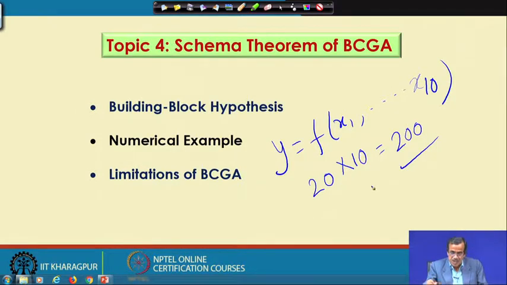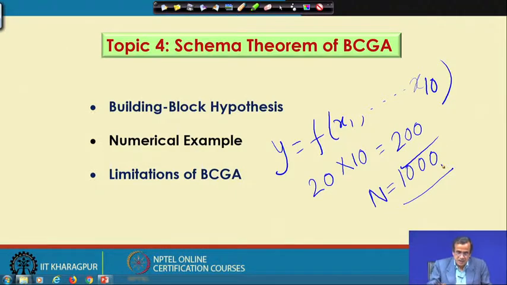Now, if the GA string is longer, then for its effective processing I will have to use a large population size. Might be, if it is 200, I will have to take N equal to, say, 1000. So, there will be huge computation and GA will become very complex, computationally very expensive, and slower and slower.